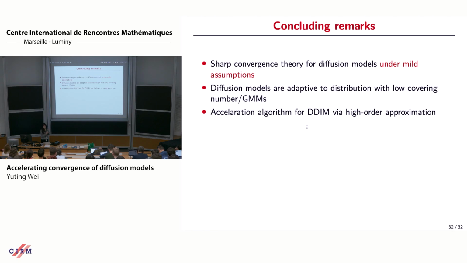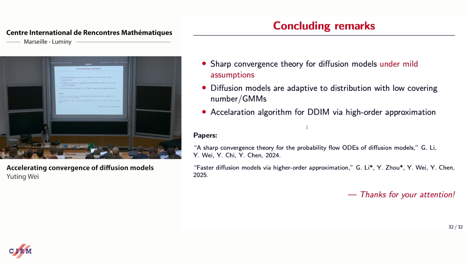That's very nice for DDPM. Also, I described several acceleration schemes for DDPM via higher order approximation. You can find our papers here. Those are the main papers relevant to this talk. Thank you very much for your attention.